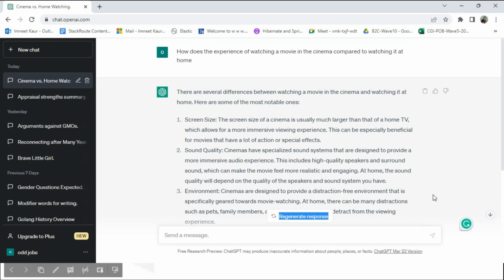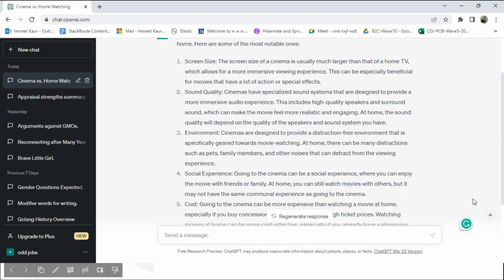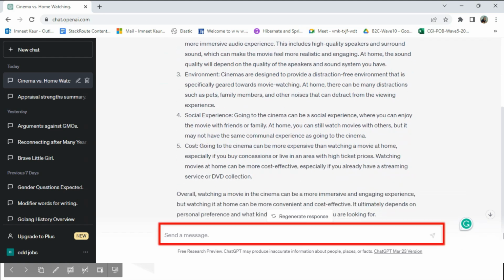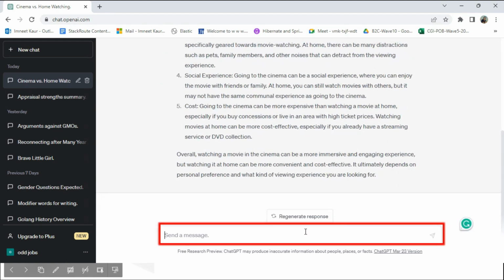Now let us try the next example prompt. In what ways is the cuisine of Italy different from that of France? And just press enter.